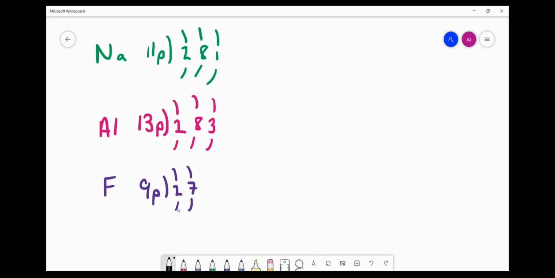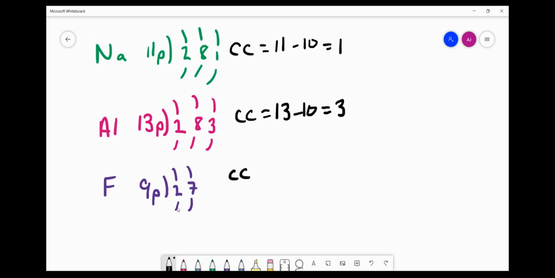So for sodium, its core charge is 11, subtract 10 for its inner electrons, core charge of 1. Aluminum, 13 protons, 10 inner electrons, core charge of 3. And fluorine, 9 protons, subtract 2 inner electrons for a core charge of 7.